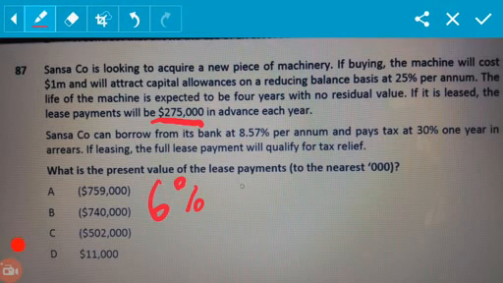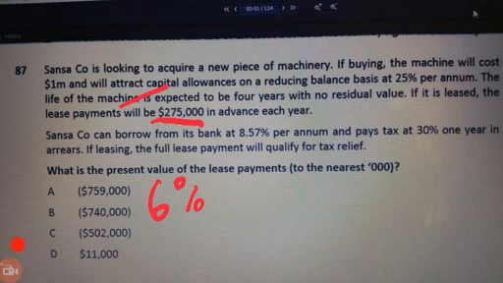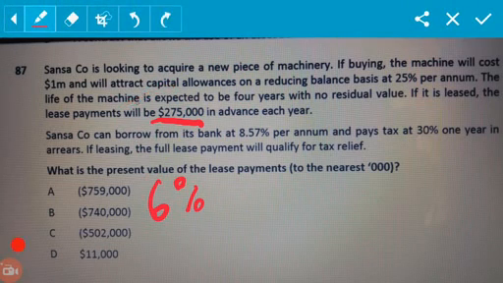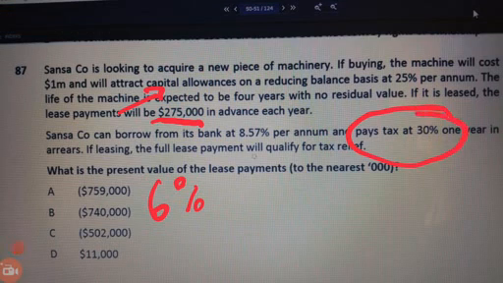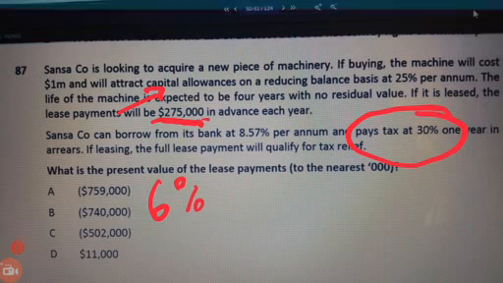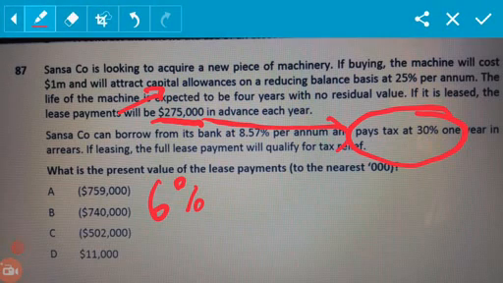But you need to keep in mind there are capital allowances which also need to be present valued. They are calculated by multiplying the tax rate by the lease payment amount. The calculation is going to look like this.